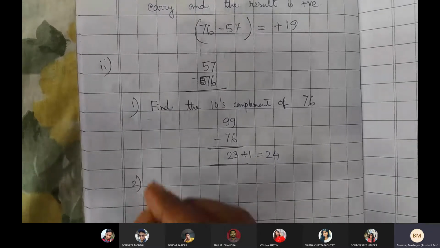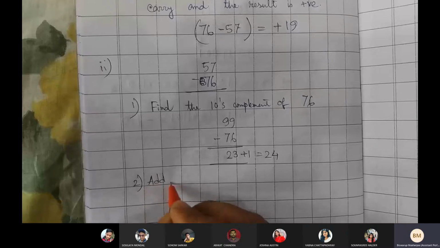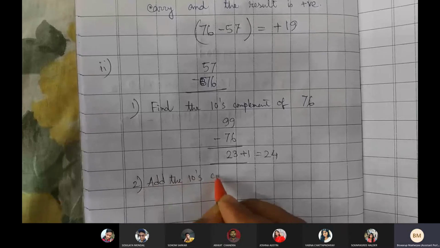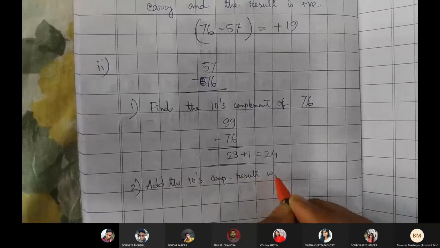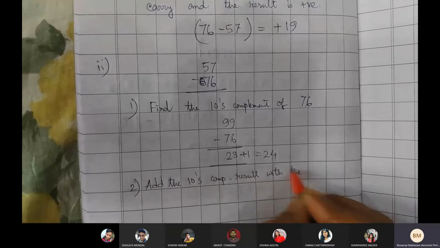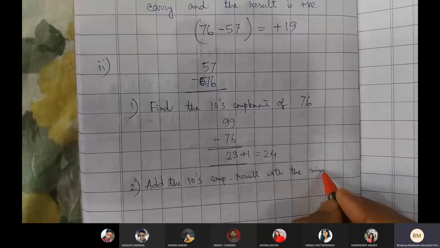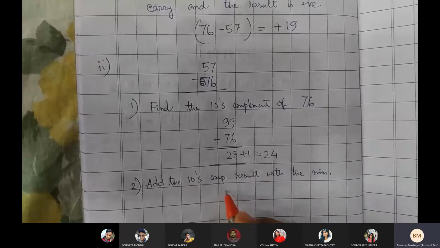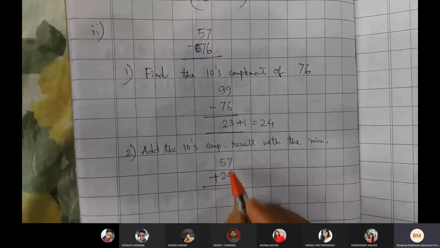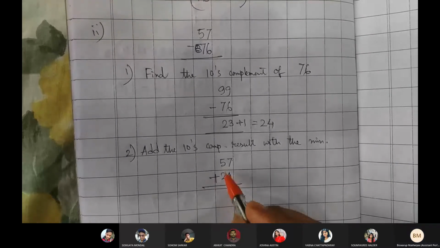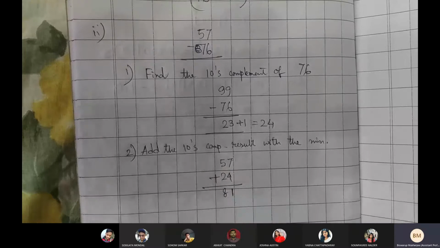Number 2 step is add the tens complement result with the minuend. That is 57 plus 24, which is 81, right?